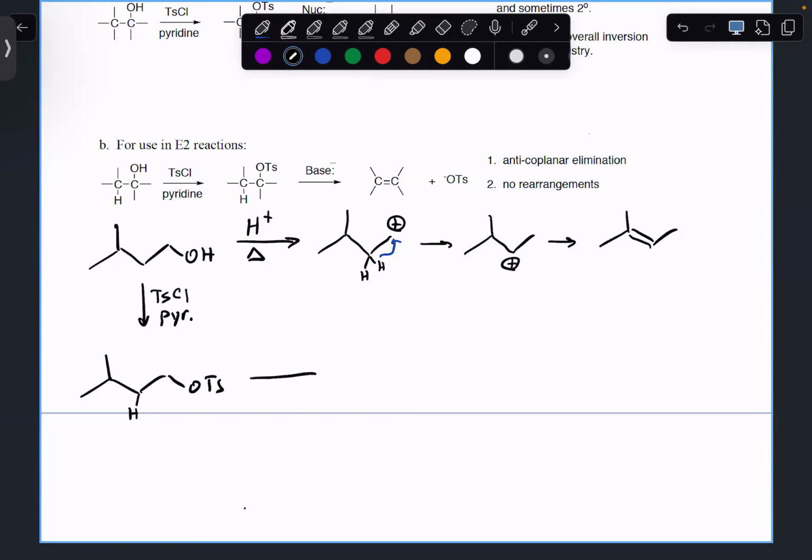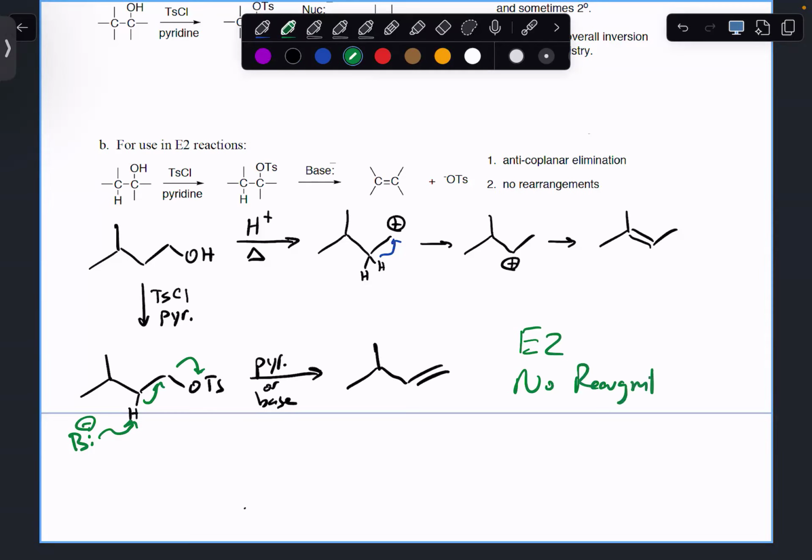All right, so I would take my tosylate and I would heat in the presence of pyridine or some other base. Because this is an E2 mechanism, you don't get rearrangement.